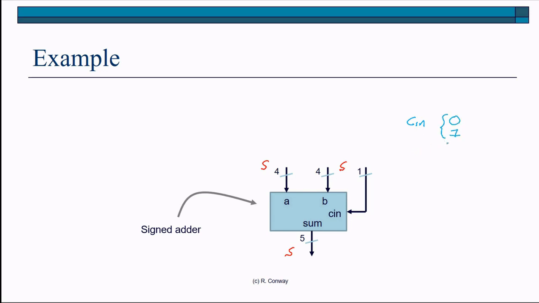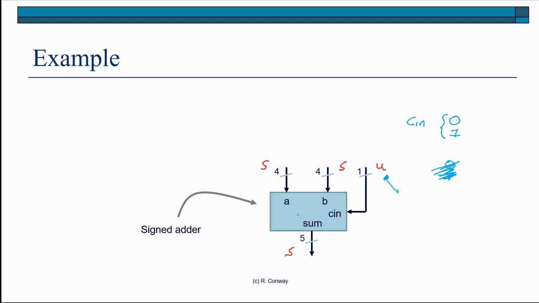And because it's a 1-bit value, in order to represent a 0 or 1, our carry-in bit must be unsigned. If we were to make our carry-in bit signed, the only values that we could represent with a signed 1-bit number are the values 0 and -1. This is not what we want, so we have to stick with the carry-in being unsigned.